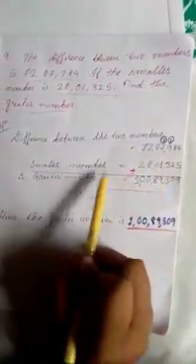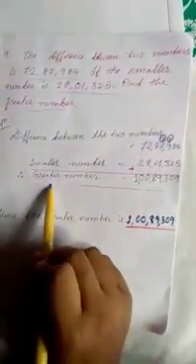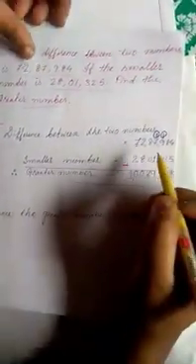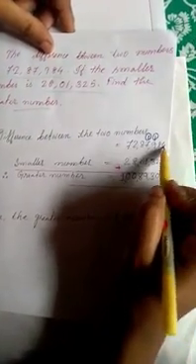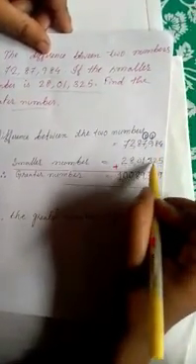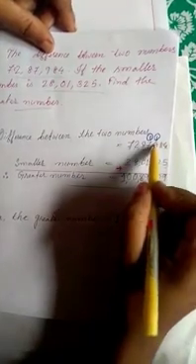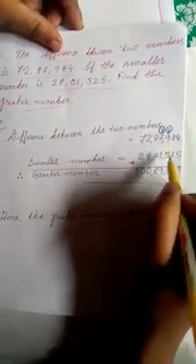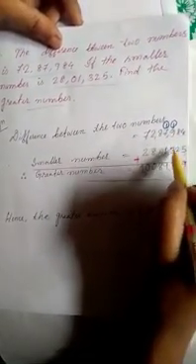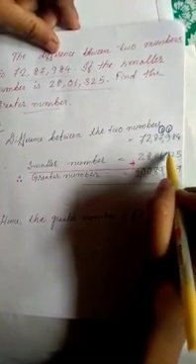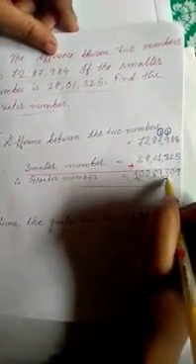Similarly, we'll do here also. The difference between the two numbers is this much and the smaller number is also this much. We have to find the greater number. What will we do? Addition. So 4 plus 5 is 9, 8 plus 2 is 10, from 10, 0 we write and 1 will carry to the next place. 9 plus 3 is 12, and 1 is there, so 13.